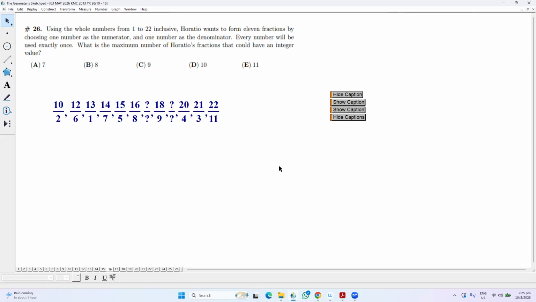So answer is 2, 4, 6, 7, 8, 9, 10. Okay. Answer is 10 out of 11 pairs, 1 to 22. 11 pairs, 2 cannot, means 9. We count 1, 2, 3, 4, 5, 6, 7, 8, 9, 10.